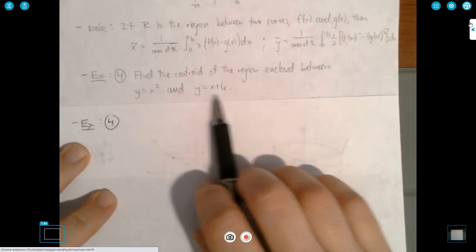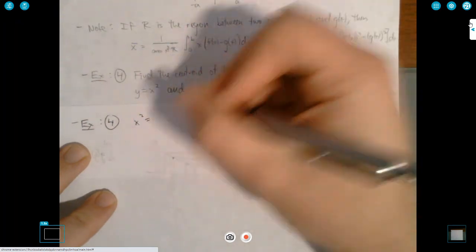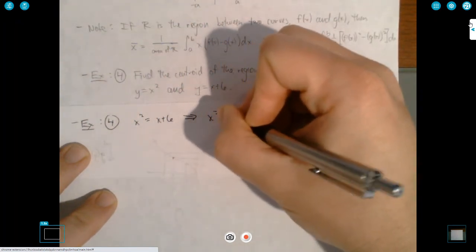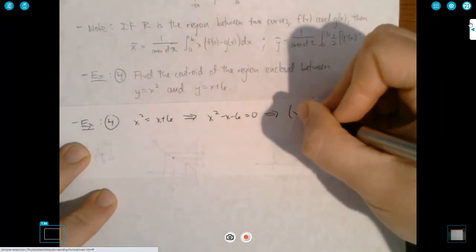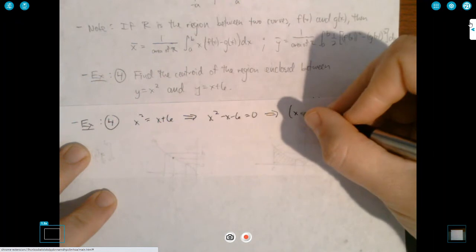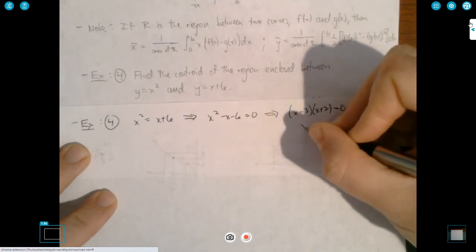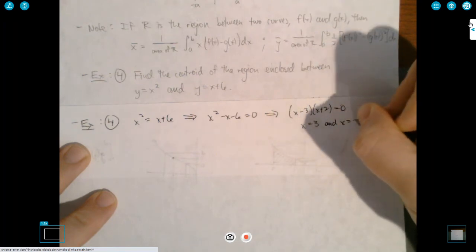Where do those things even meet? I guess we could set them equal to each other and solve. What would that be? -3, +2, right? So that means they meet at x equals 3 and at x equals -2.